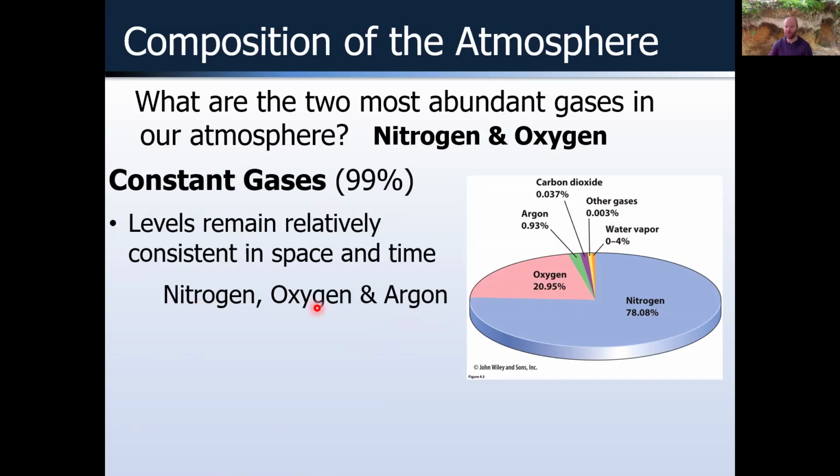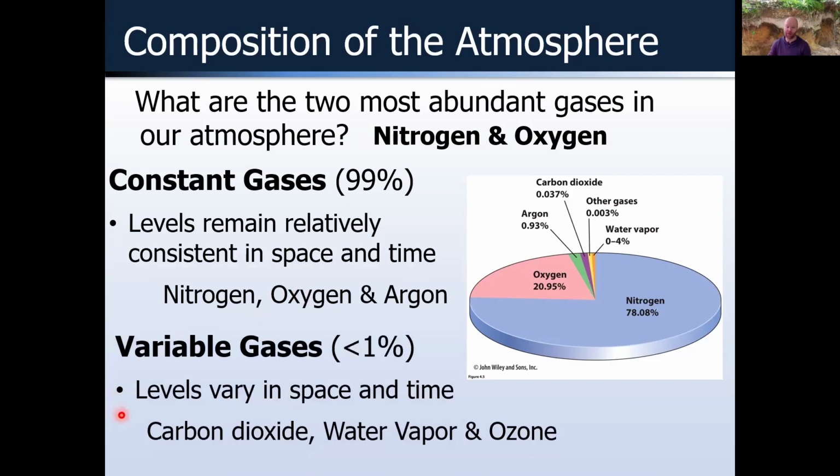So for all three, nitrogen, oxygen, and argon, the concentrations in our atmosphere remain relatively consistent over time and across space, meaning the concentration is essentially always the same everywhere at all times. There's very little variation. There's a little bit, but it is very minor when compared to what we refer to as variable gases, where the concentrations of gases such as carbon dioxide, water vapor, and ozone have quite a bit of variability, and some of them significant variability over time and across space.